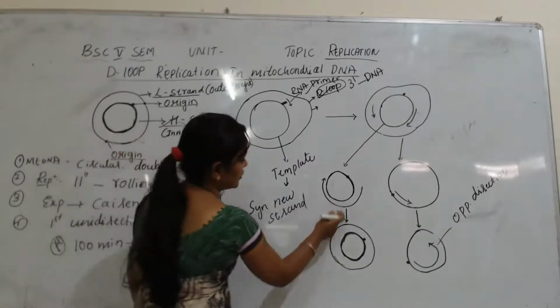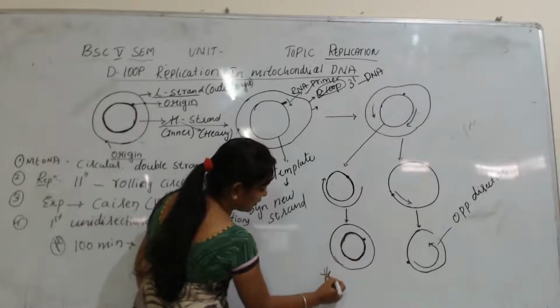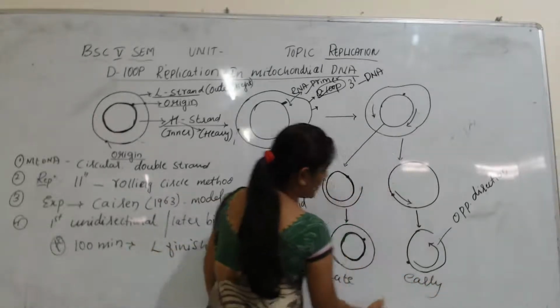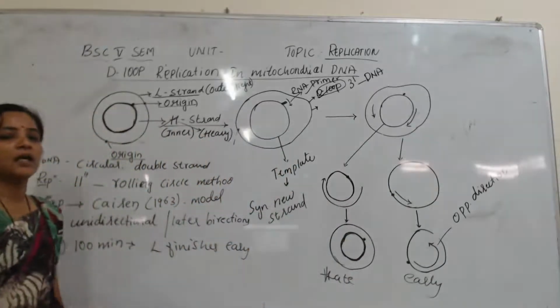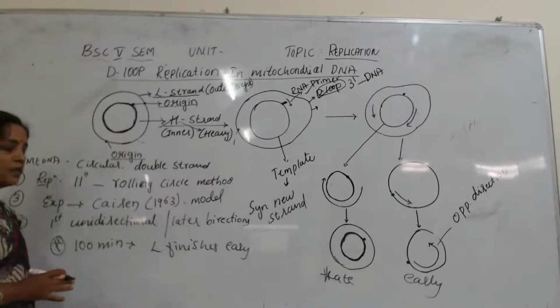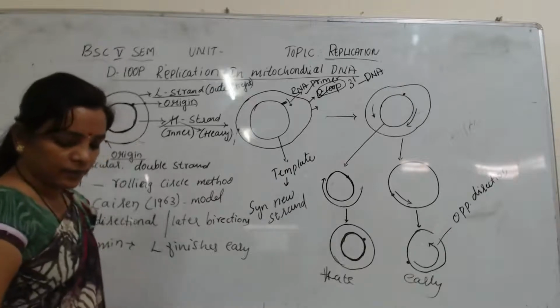Think this is the H strand, right? This will be late and this will be early. And how much time is it taking? 100 minutes. Okay, this is one more type of model. Next, we will start with the third model.